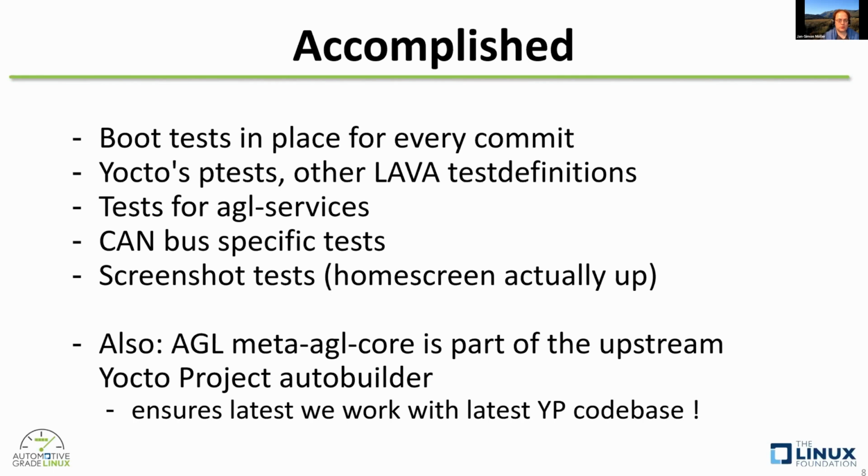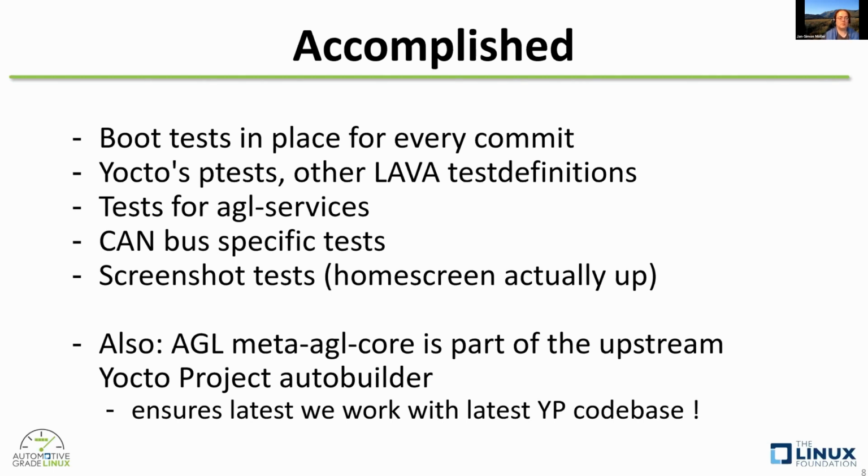We do not test all of the UI automatically on purpose. So that's out of scope right now. But I have heard that a member is working on adding test automation in that area. So stay tuned, there might be a presentation.